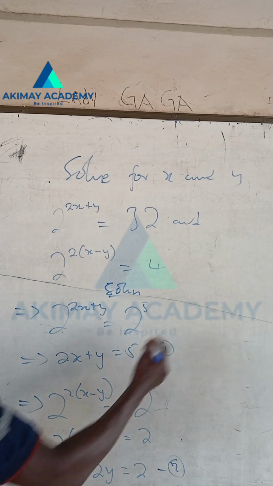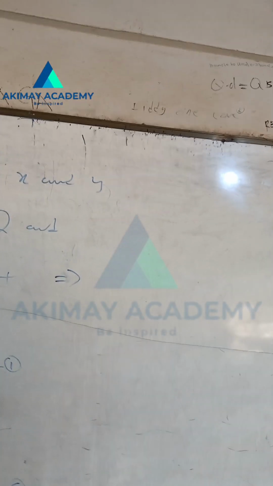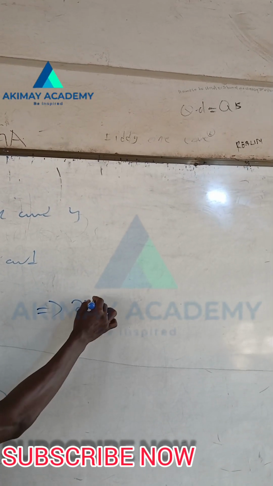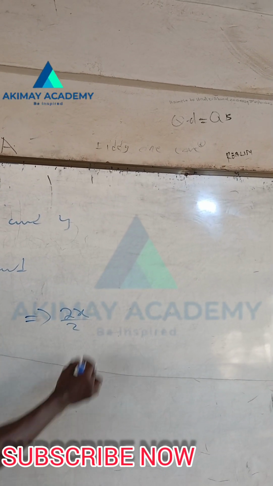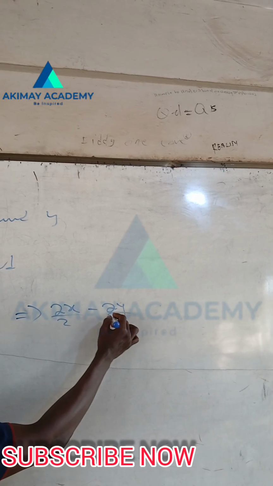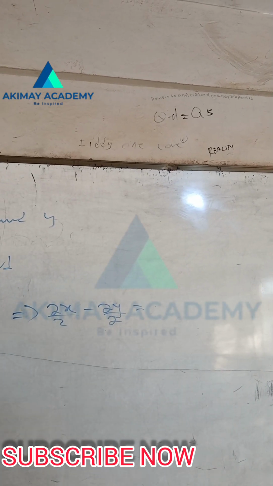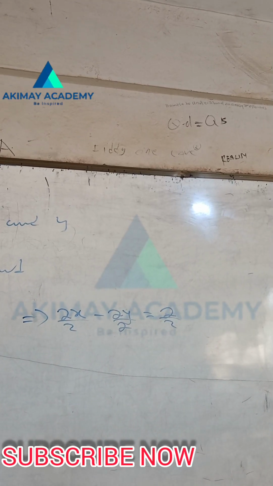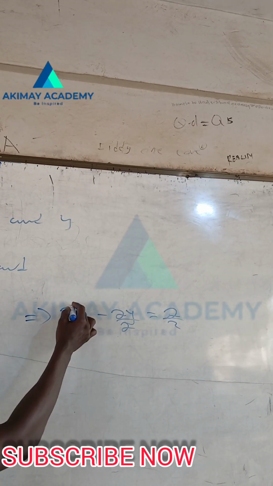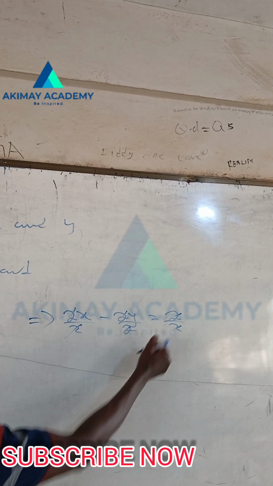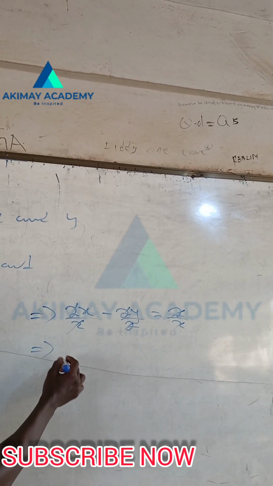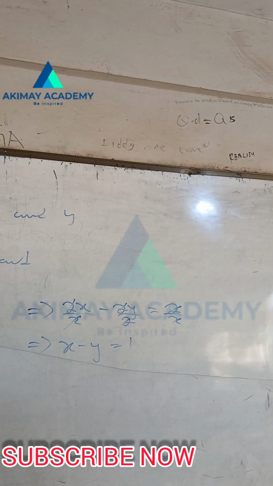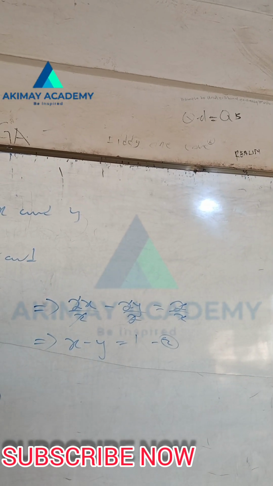Dividing through by 2, we have 2x divided by 2 minus 2y divided by 2 equals 2 divided by 2. The 2s cancel, and our new equation is x minus y equals 1. This is our equation 2.